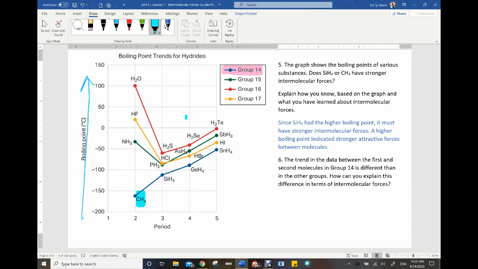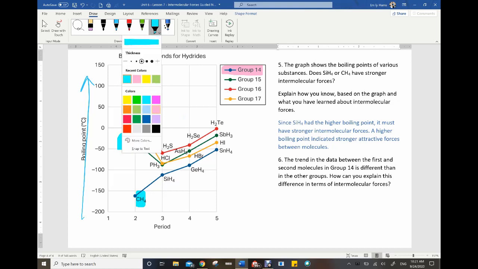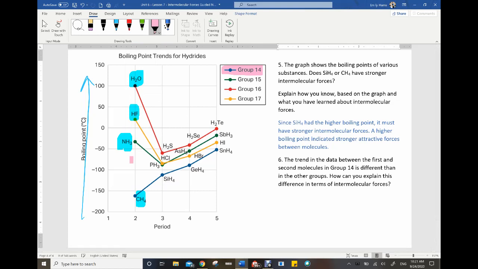So what we need to do is to compare our starting atoms and see if there's anything that we notice about their forces. One thing that I'm immediately picking up on is I see nitrogen, fluorine, and oxygen.